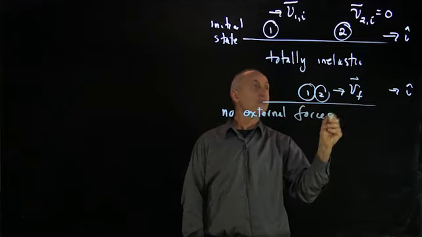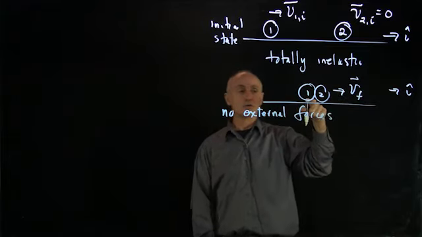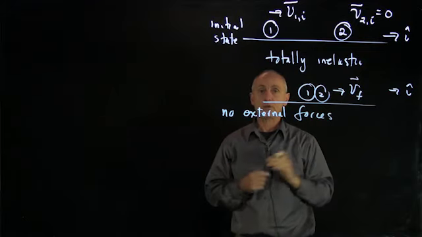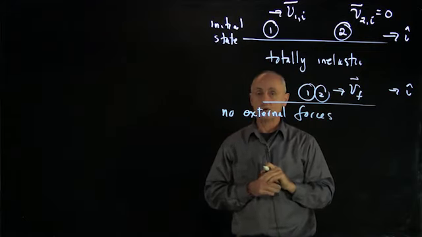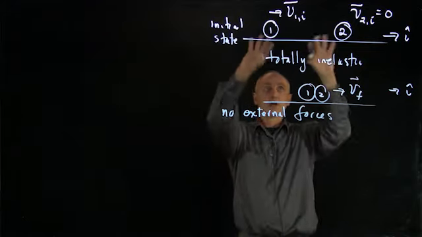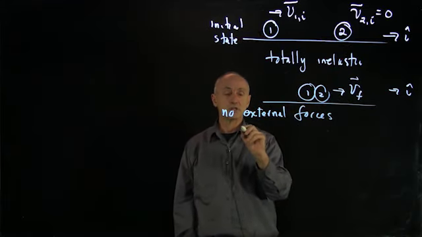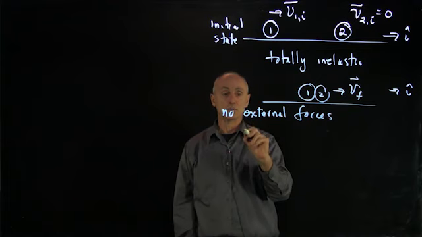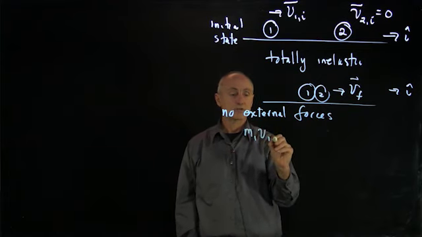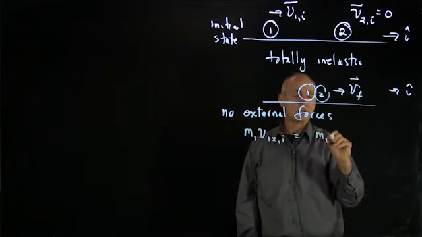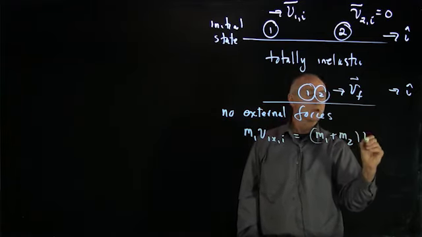There are clearly internal forces that are acting between the two particles as they collide. But remember, we know that internal forces cancel in pairs. And if there's no external forces, the momentum of the system is constant. So we can write down our momentum condition very simply, and we'll write it again in terms of components. We have some incoming momentum into the system, and all of that incoming momentum is going out.